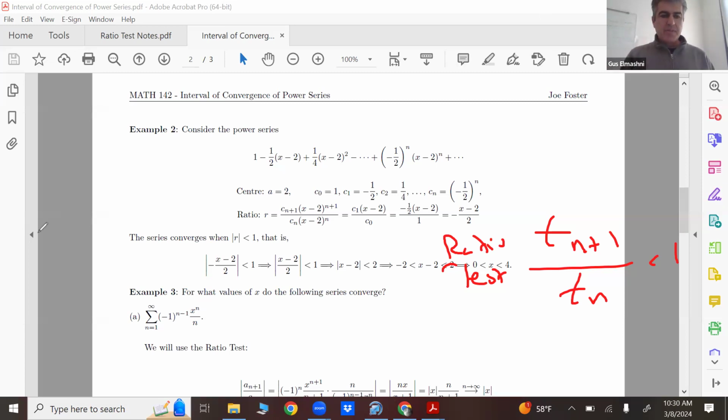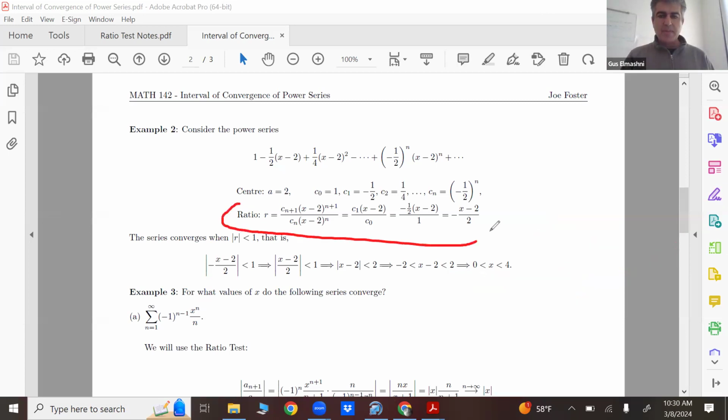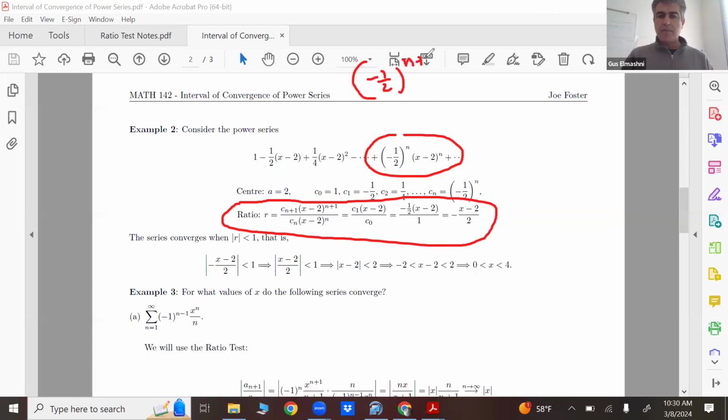So what did they do over here? This is the part that's most critical. What happened was you took this general term and replaced n with n plus 1. So they had (-1/2) to the n plus 1 times (x minus 2) raised to the n plus 1, all over (-1/2) raised to the n times (x minus 2) raised to the n power.